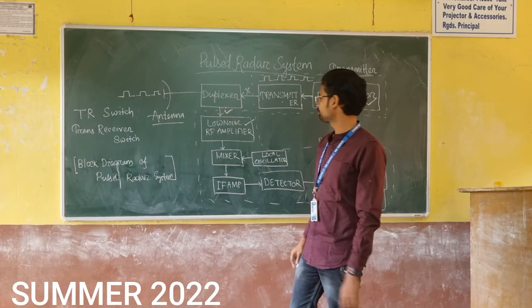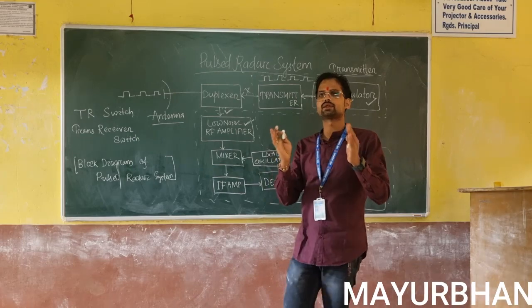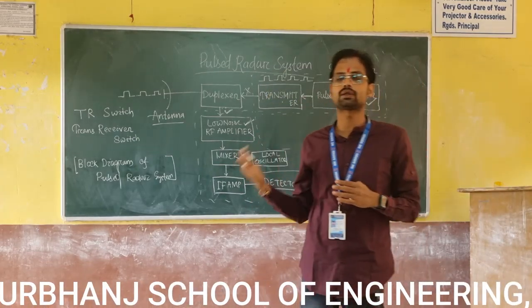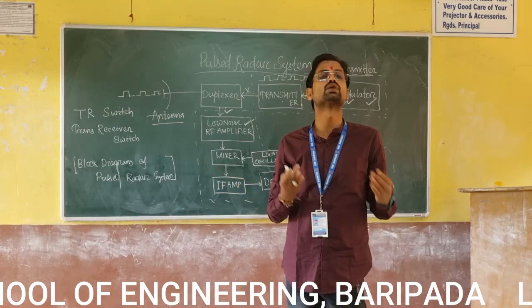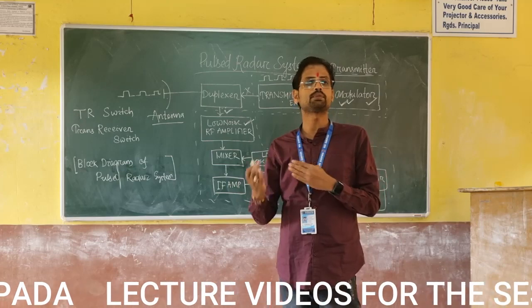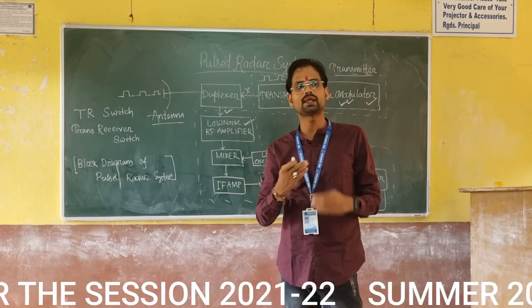The low noise amplifier, what it does is, we have discussed in the previous semester in analog digital communication, the superheterodyne radio receiver, where the heterodyne process is there: first receiving, then tuning, then amplification.